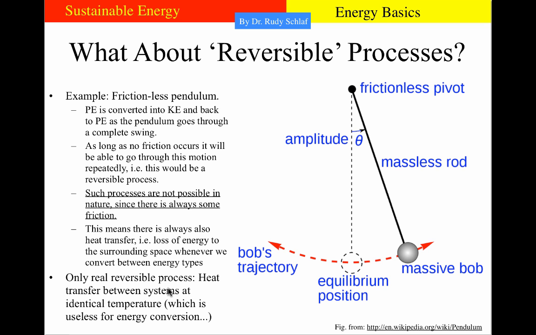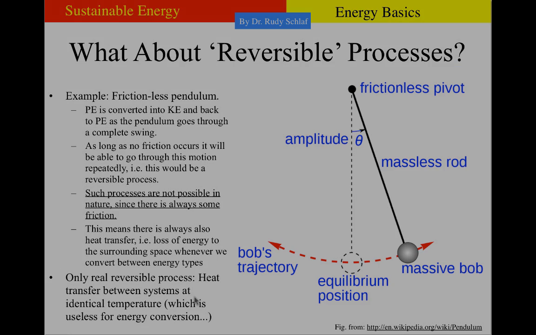Only when two bodies have the same temperature, then we transfer energy from one side to the other and back, and it's completely reversible. Nothing changes, and of course that makes it entirely useless. So for all technological purposes, we will always have heat loss no matter what we do, and that will make these processes irreversible.